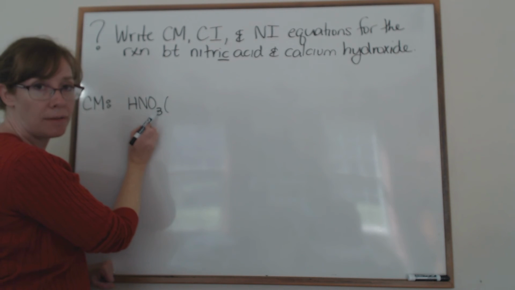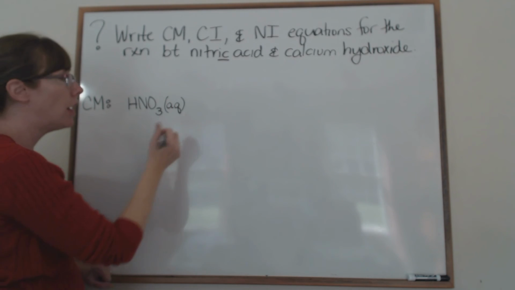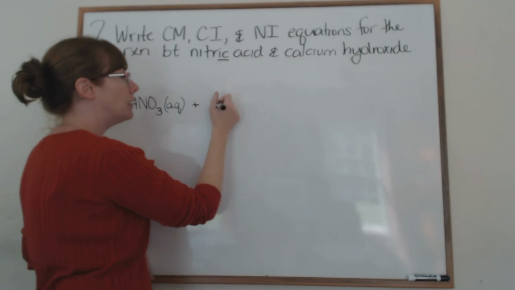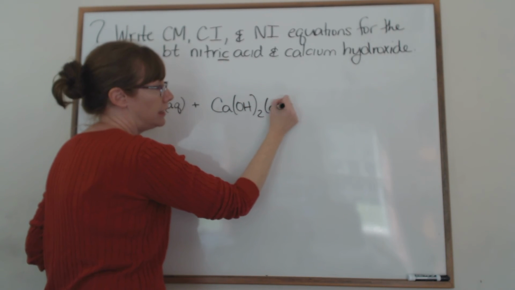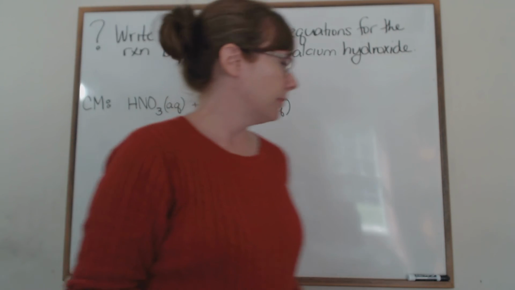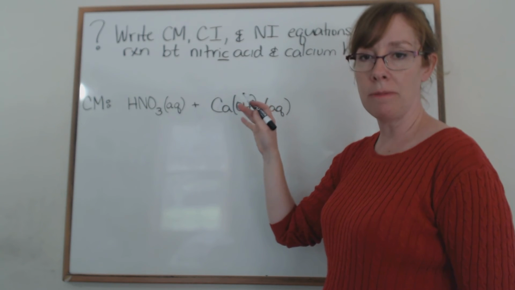You can see nitrate in there. And NO3 is minus, which is why there's one H there. So nitric acid, and we know it's aqueous because acids are aqueous, reacts with calcium hydroxide, Ca(OH)2, aqueous.